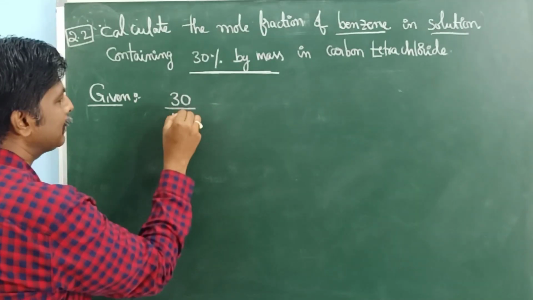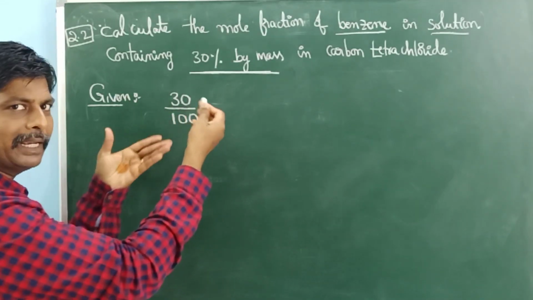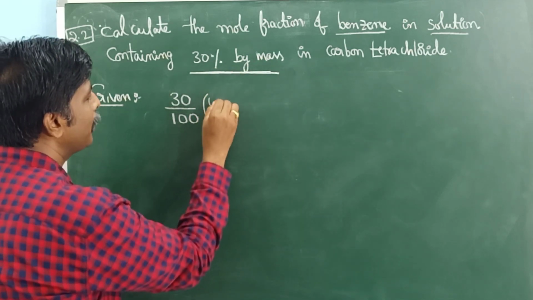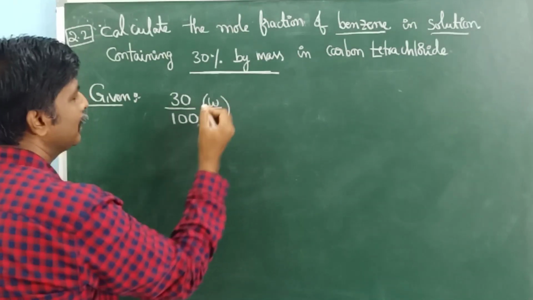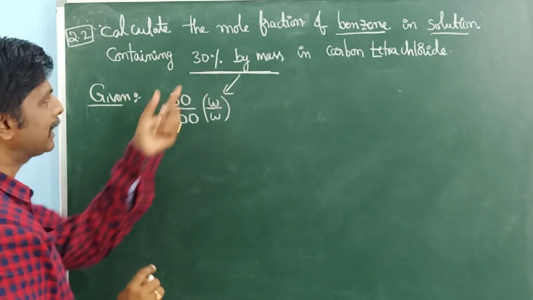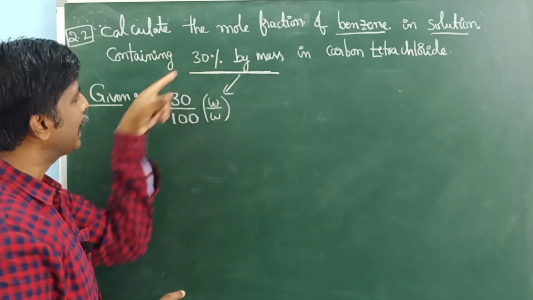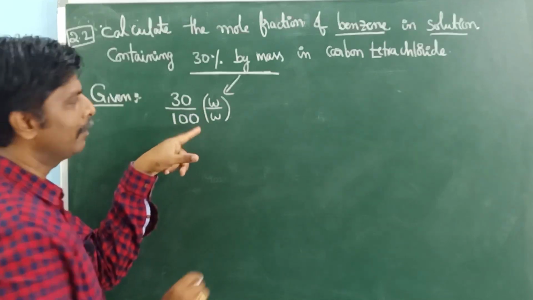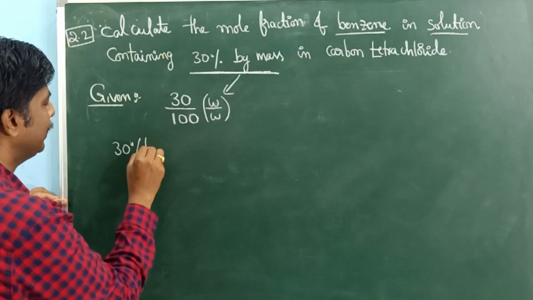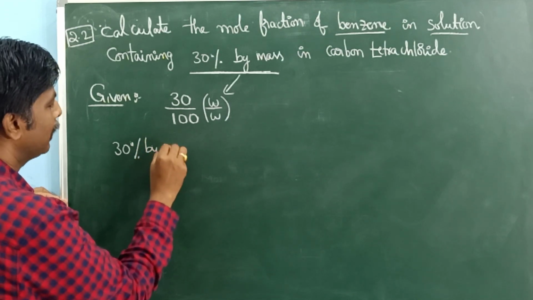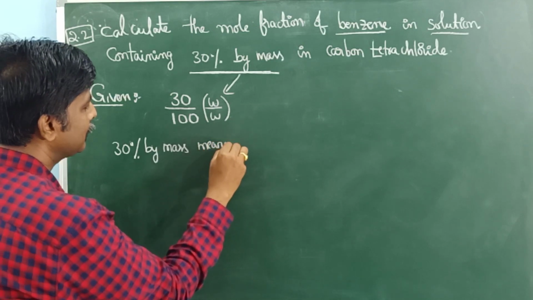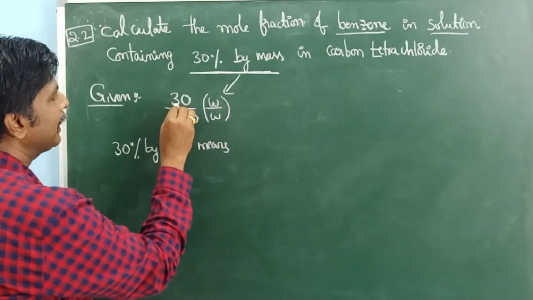30 percent means 30 by 100. 30% by mass means W by W, that is 30 by 100.